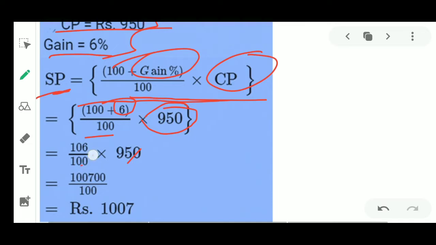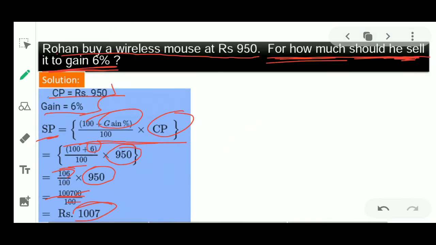Now here 0 will be cancelled. 106 multiplied by 950 will give 100,700 by 100. So 0 will be cancelled here, then it will become 1,007. That is the selling price of the wireless mouse.